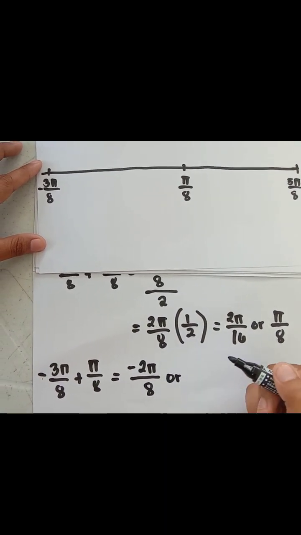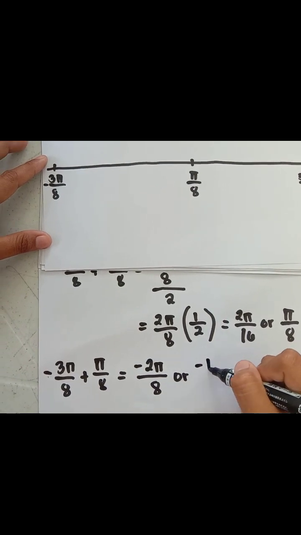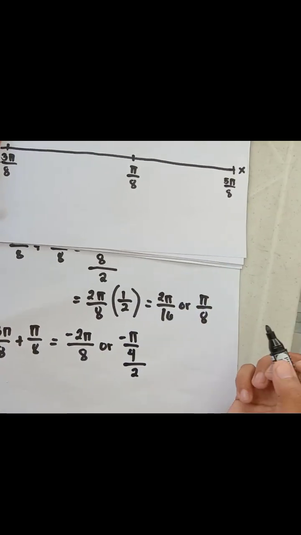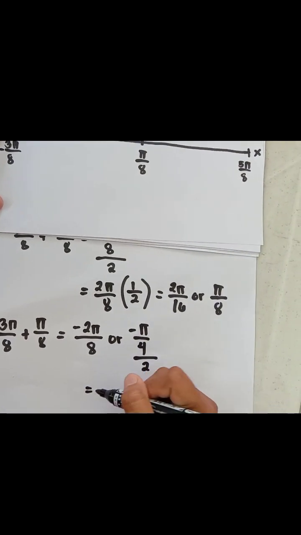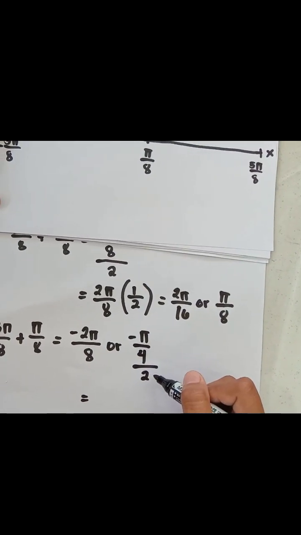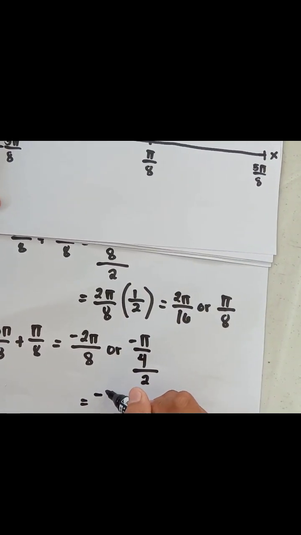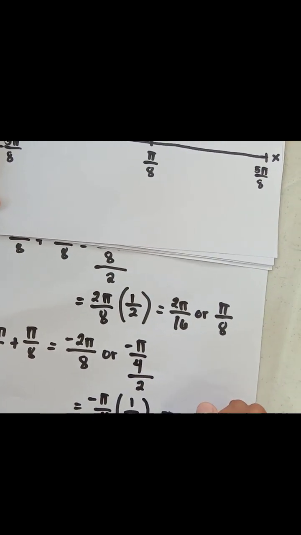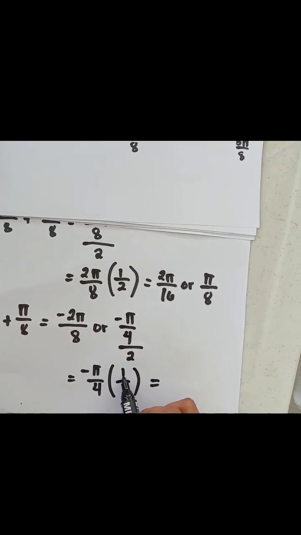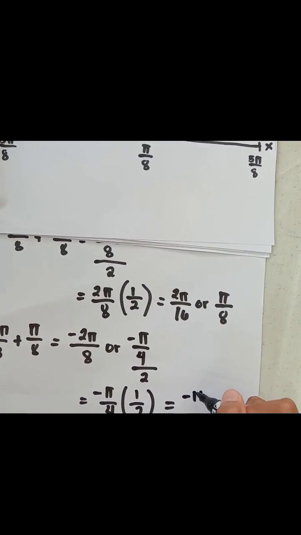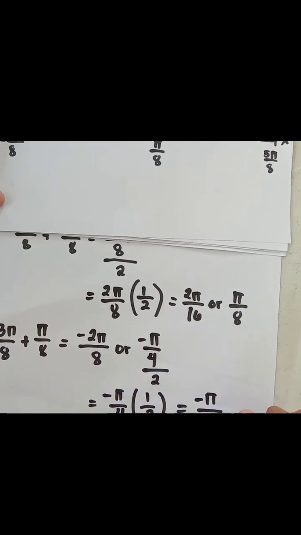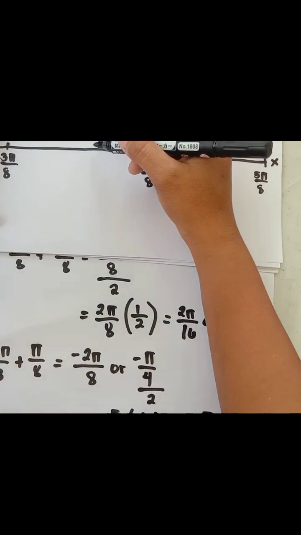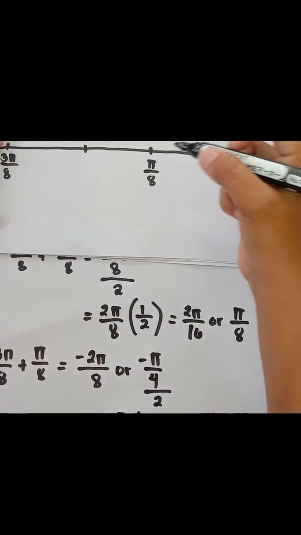Or reduce to the lowest term, negative pi over 4. Divide by 2, then reciprocal the denominator, which is negative pi over 4 times 1/2. So the answer is negative pi times 1 equals negative pi. 4 times 2 equals 8. And this is the answer to this point.